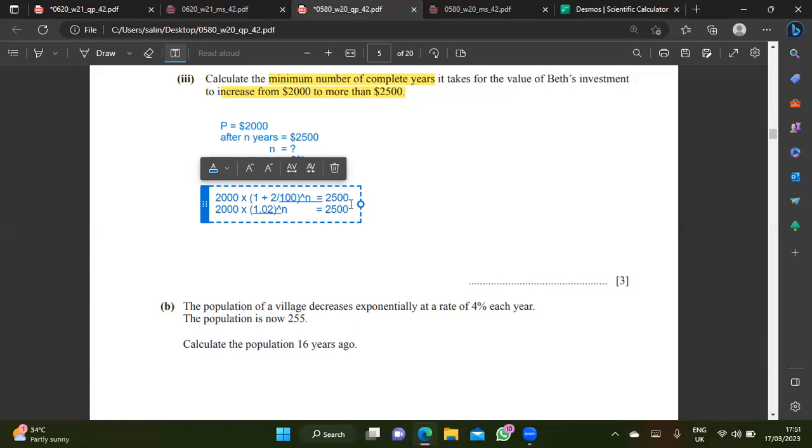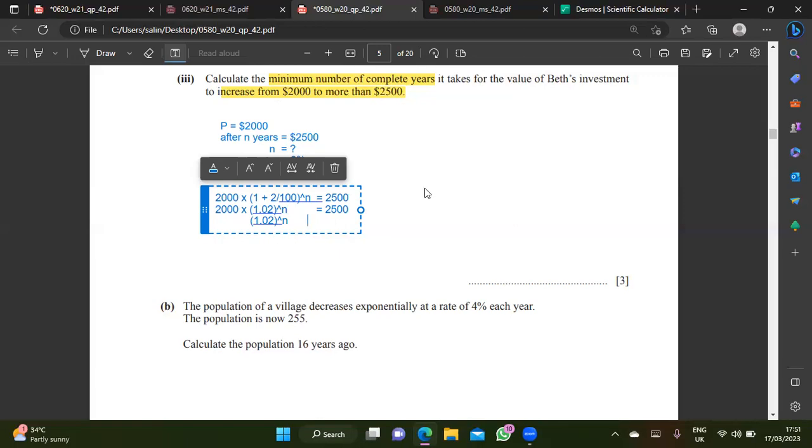If that is the case, I have to use algebra. Yes, definitely. Try your best to use your algebra. So am I correct to say I'm going to get rid of this 2,000? I just leave this one, 1.02 to the power of n, I cannot do anything about that.